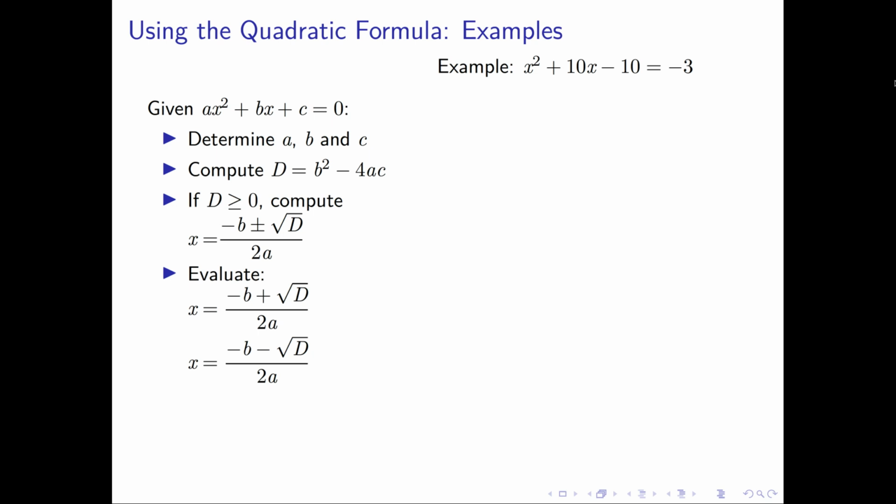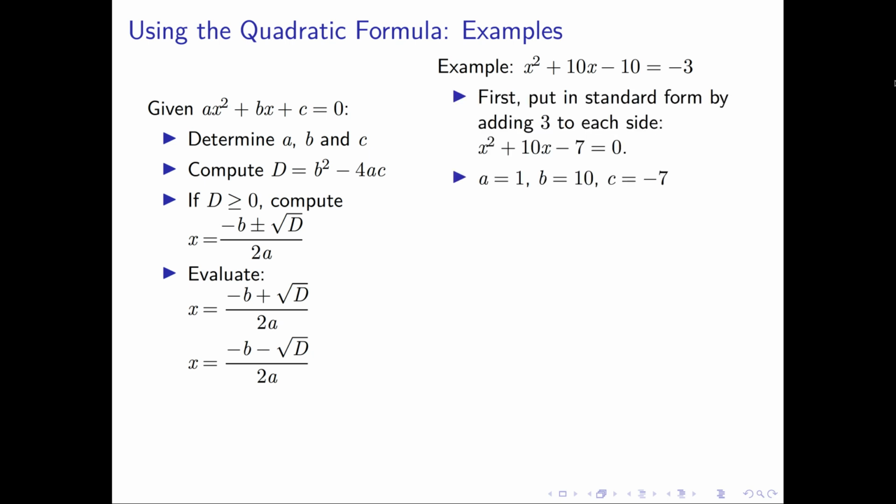And then here's one final example. Okay, first, notice that in the example, this is not in standard form. This is x squared plus 10x minus 10 equals -3. We need to add 3 to both sides to get x squared plus 10x minus 7 equals 0.